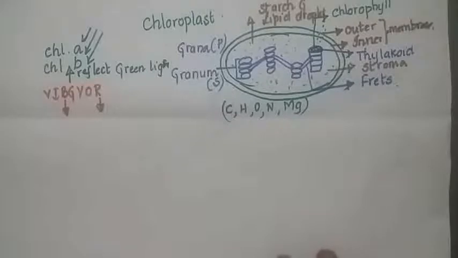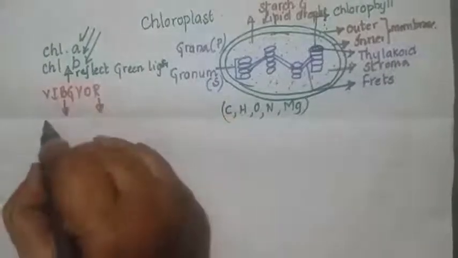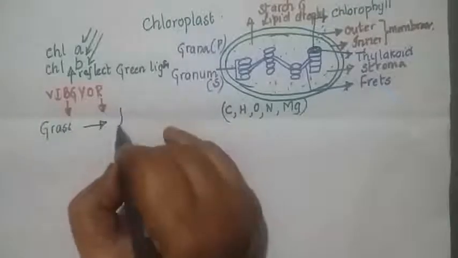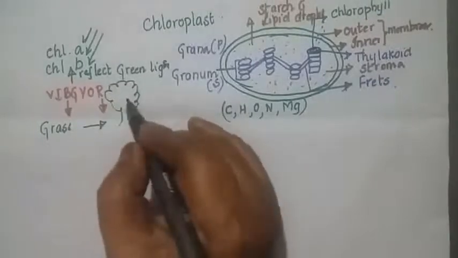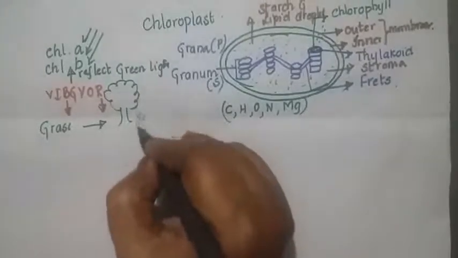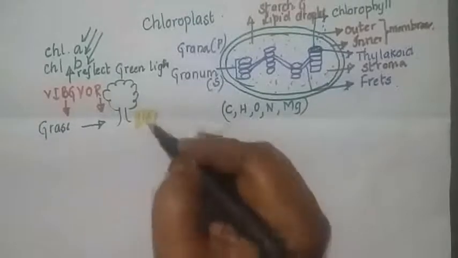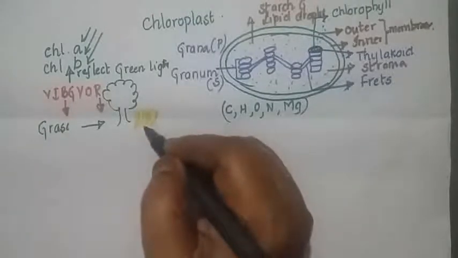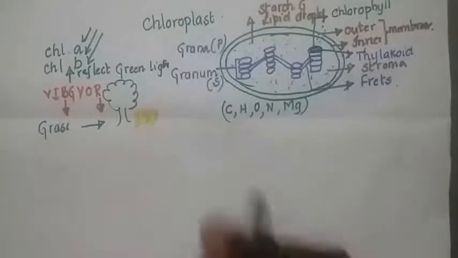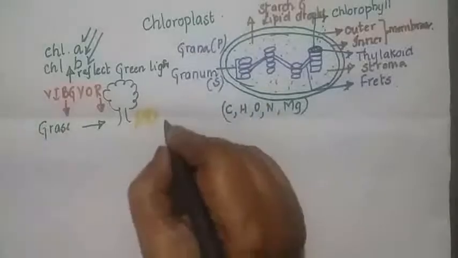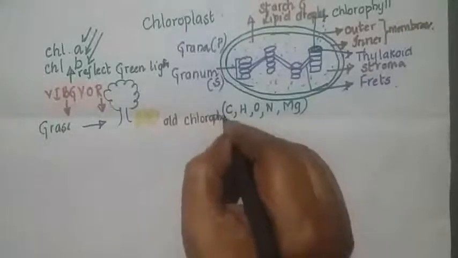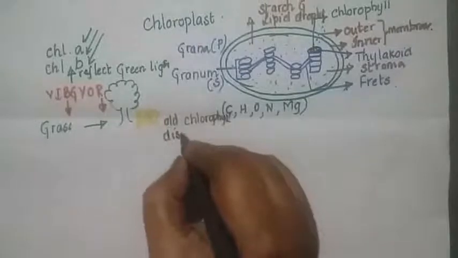Right? So probably you would have seen the grass which is grown under the shade of the tree, after some time you may find that grass turning yellow. It turns yellow. So what is the reason for this? So in this case, the old chlorophyll would have undergone disintegration.